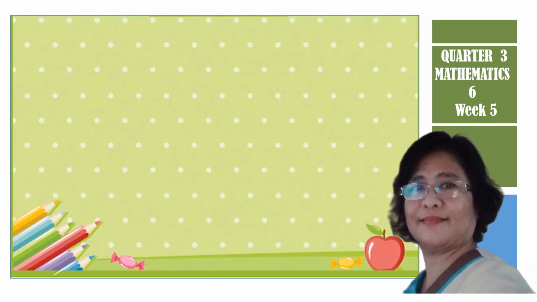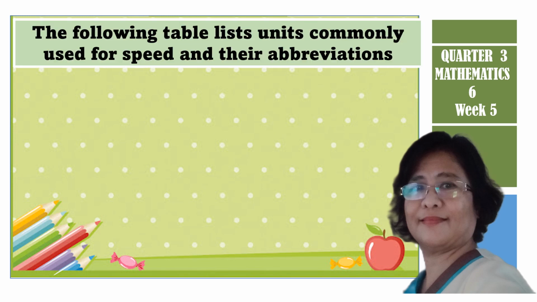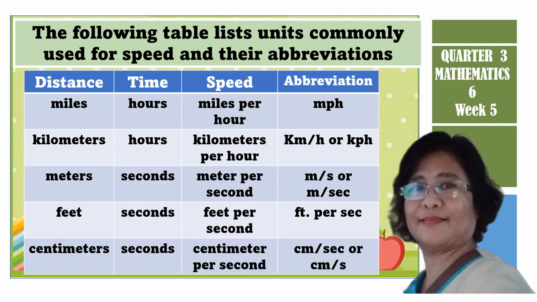To familiarize the terms commonly used for our topic today, here is the list of units commonly used for speed and their abbreviations. For the distance, we have miles, kilometers, meters, feet, and centimeters.